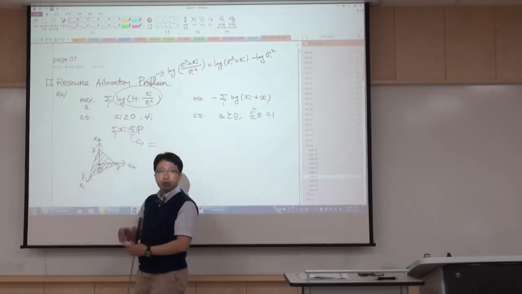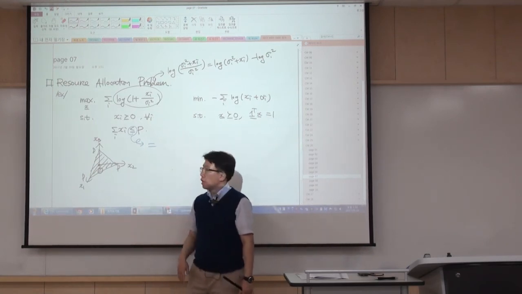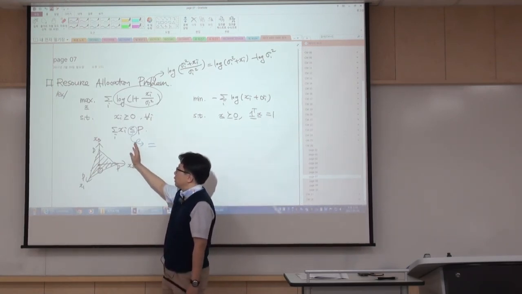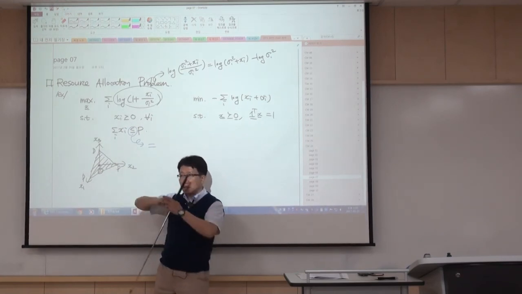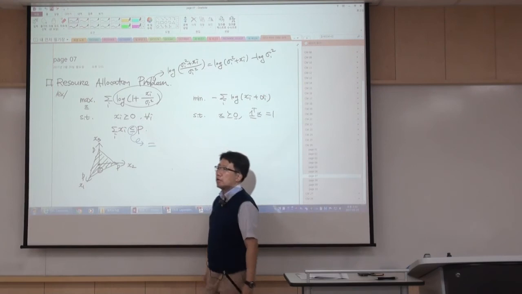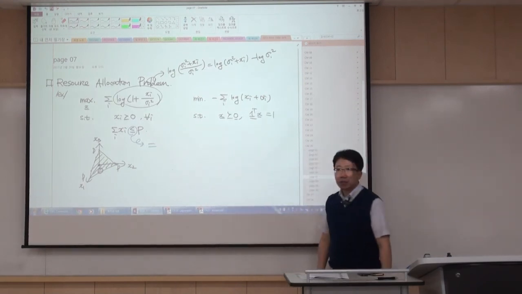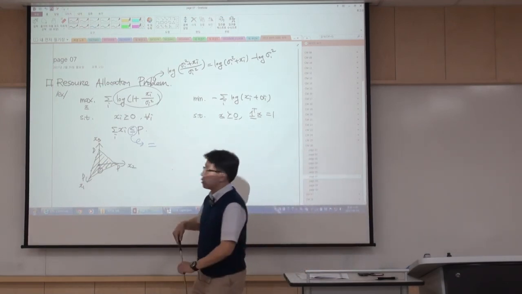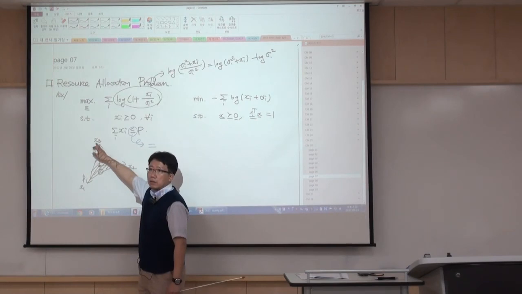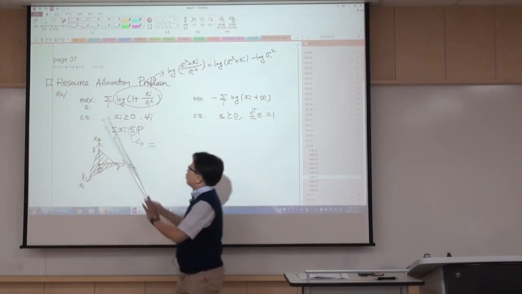Got it? So every resource allocation problem has a constraint set that looks like this. In three dimensions, and similarly in higher dimensional space. Got it? Let me repeat, I'm not saying that you can always just consider this simplex. It depends on your objective function.